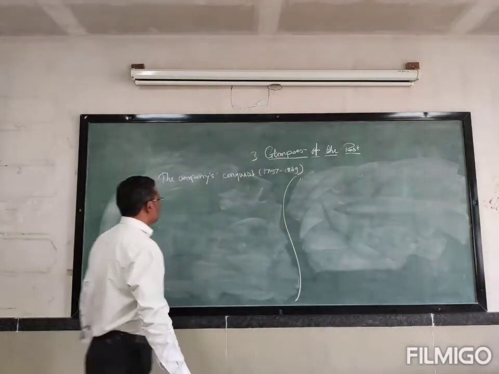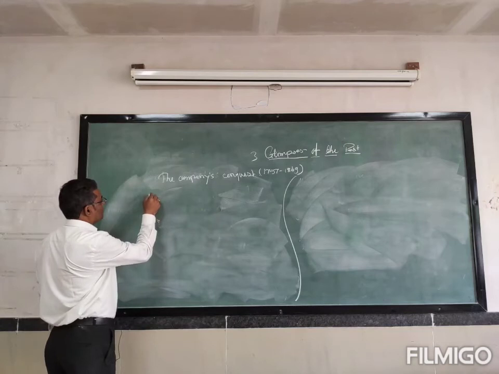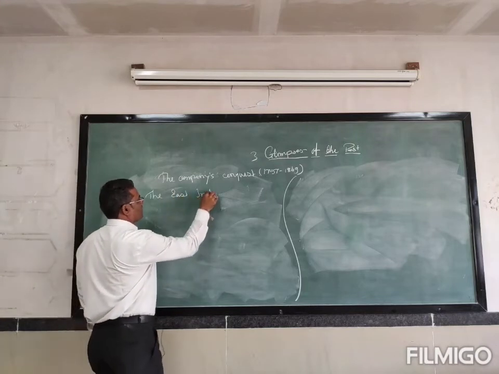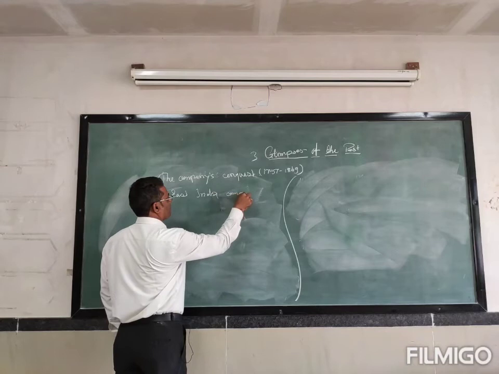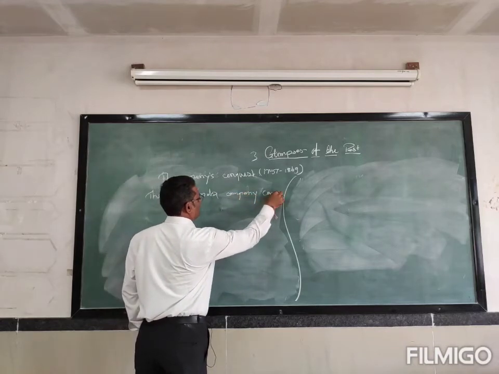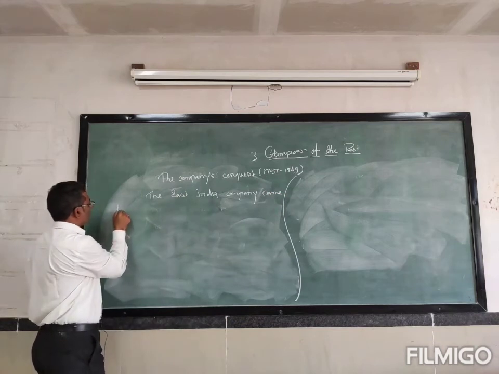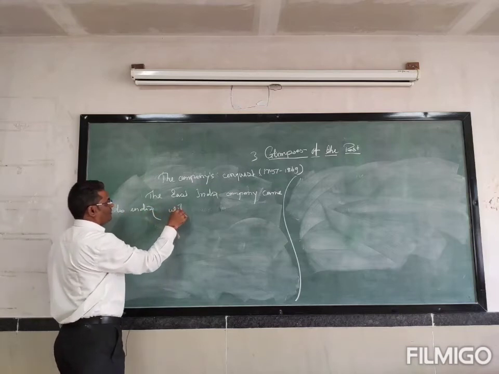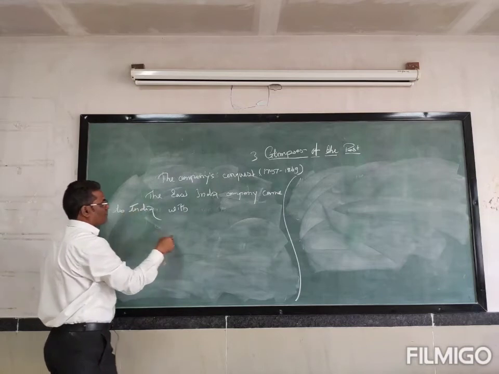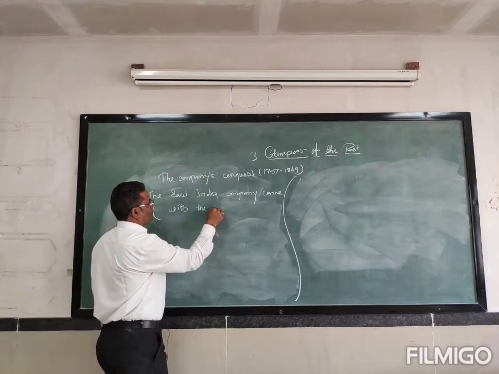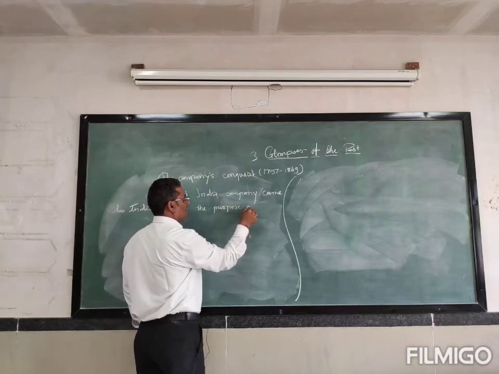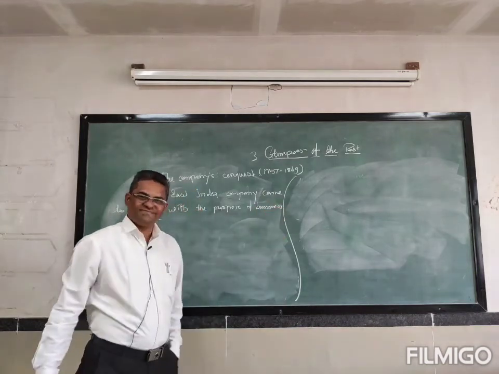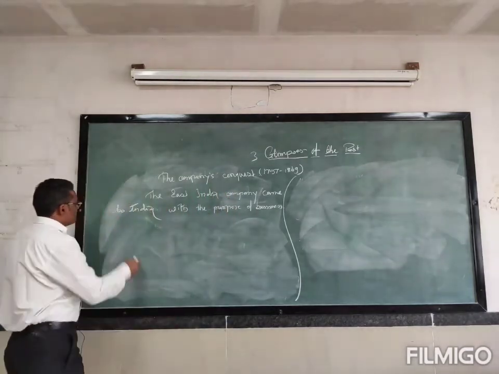In 1757 the East India Company came to India with the purpose of business.